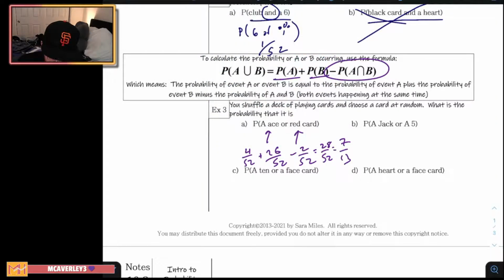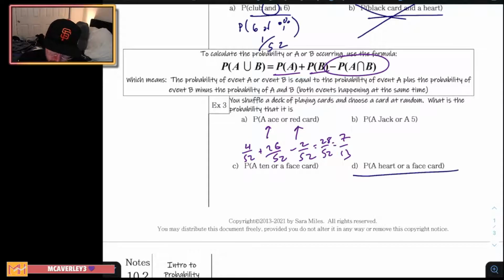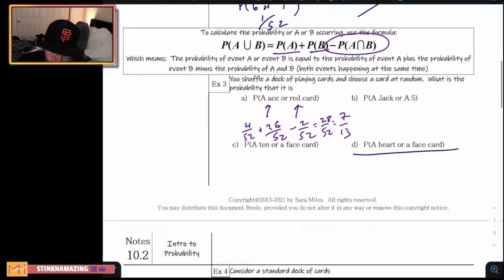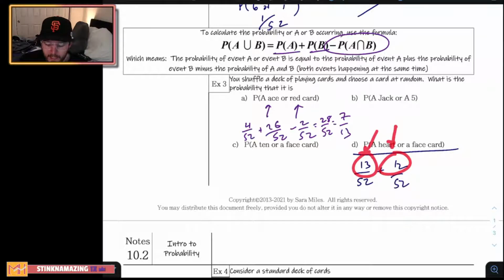You see that? Let's do it again. How about the probability of a heart or a face card? How many hearts are there? 13 out of 52. How many face cards are there? 12 out of 52. But when we counted the 13 hearts, there were face cards inside of these 13. So we're counting the face cards twice, once in here and once in here.